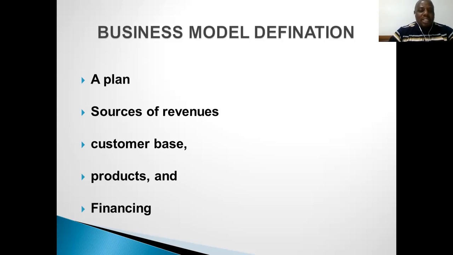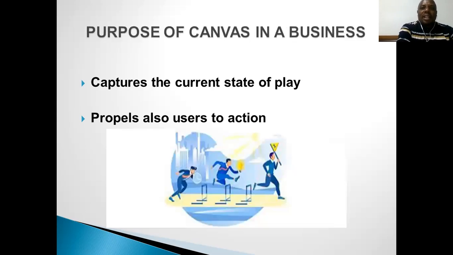Somehow, it sounds complicated. So that's where the business model canvas comes in. Let's go to the purpose of the business model canvas. It captures the current state of play. It also propels users to action.